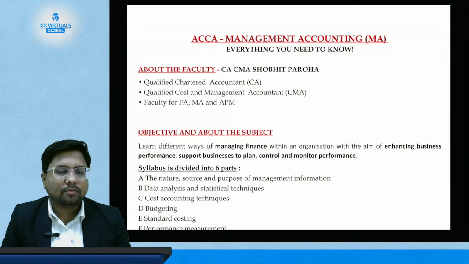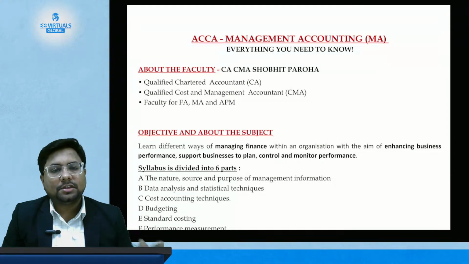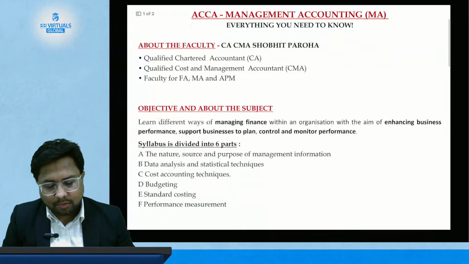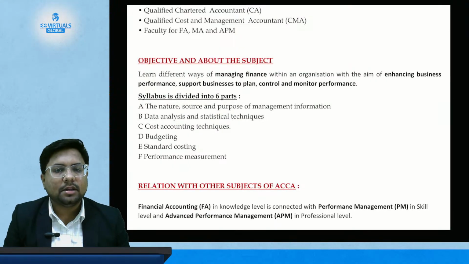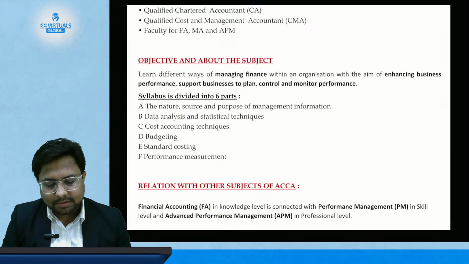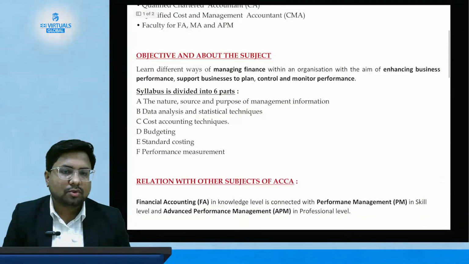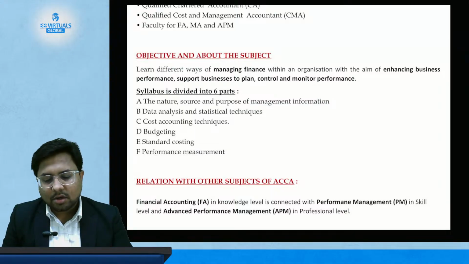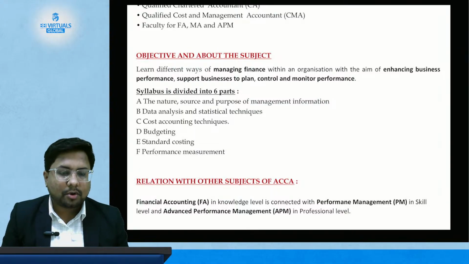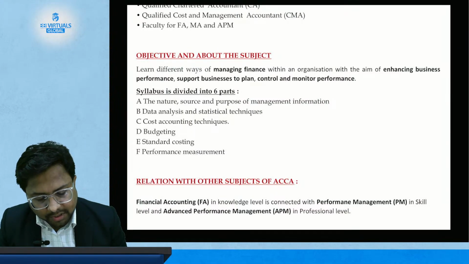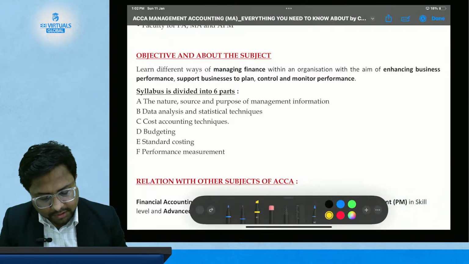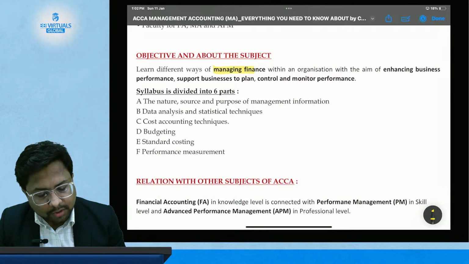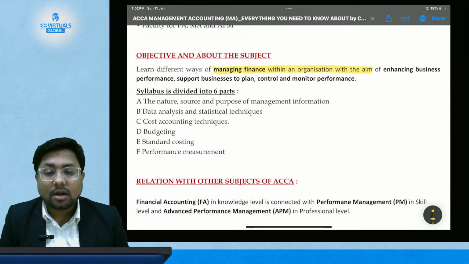Now let's know what this subject is about, what needs to be known, what the objective of this subject is, and how the syllabus is divided into sub parts. This subject, management accounting, has a very basic objective: to make you understand how to manage finance within the organization.